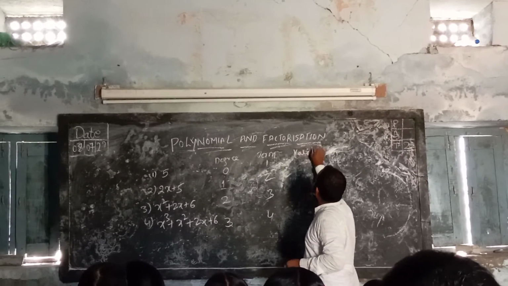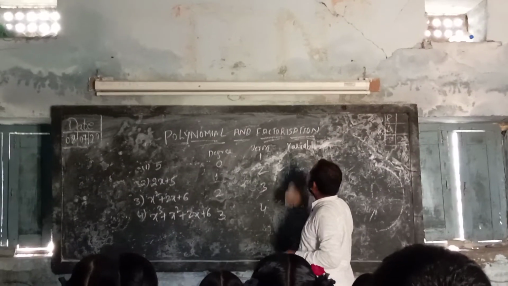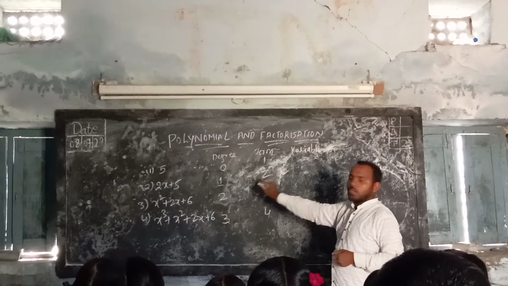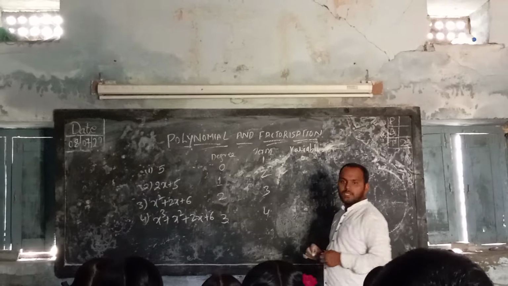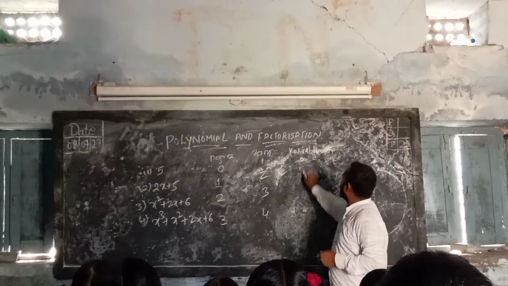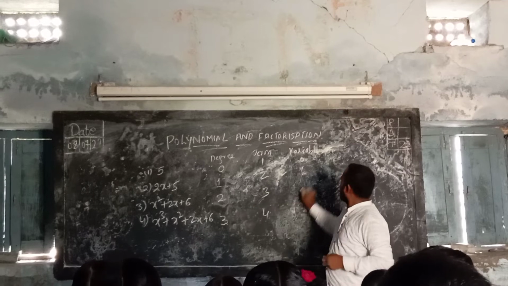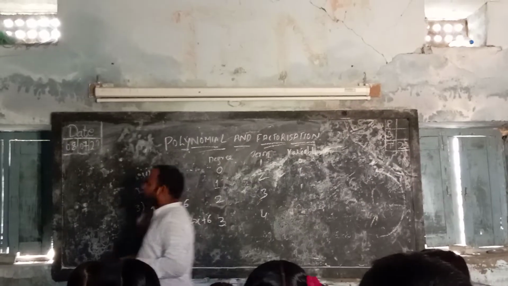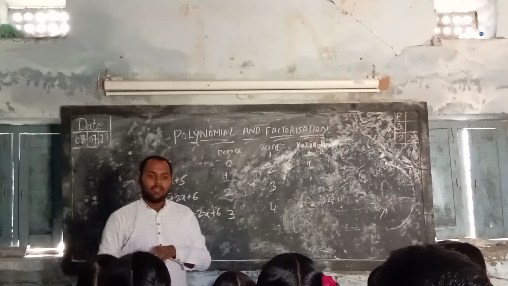Variables. Is any variable there? No variable. So 0, you write. For that, 1 variable. No, 2 variables. Single variables only. That only I am saying.